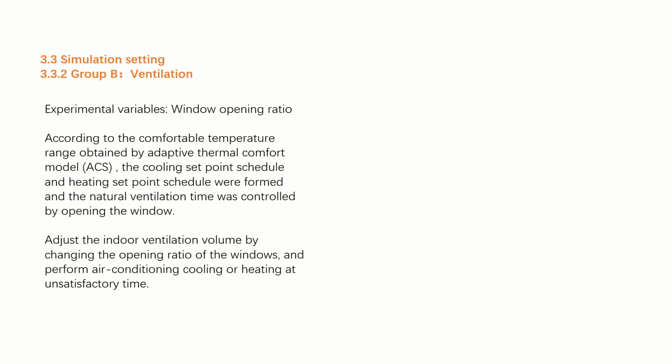We used the window ratio as a variable to increase the period of time for natural indoor ventilation as much as possible, and perform air conditioning, cooling, or heating at unsatisfactory times.